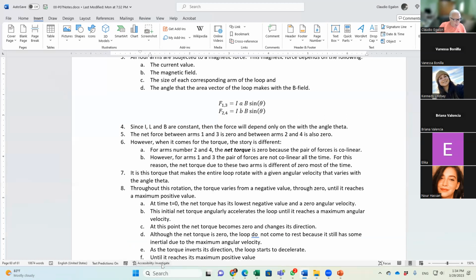It will start to decelerate until the net torque reaches its maximum positive value.